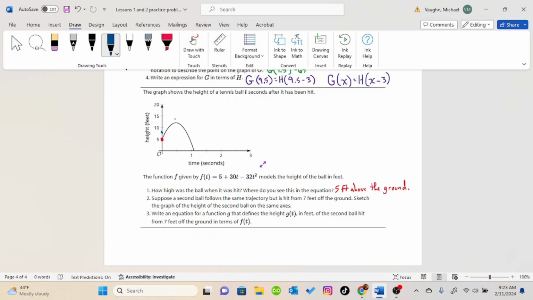So we shift the y-intercept 2 units up, we shift the vertex 2 units up, and we shift our endpoint 2 units up. And then we connect the points.